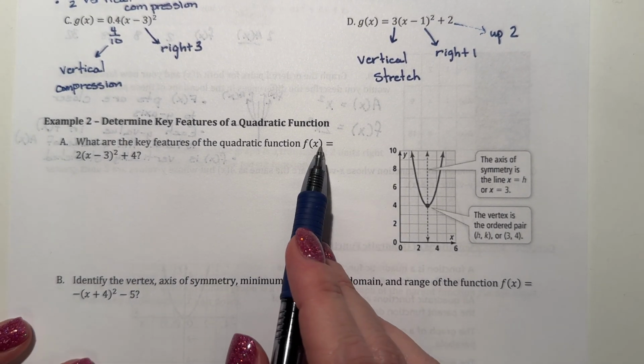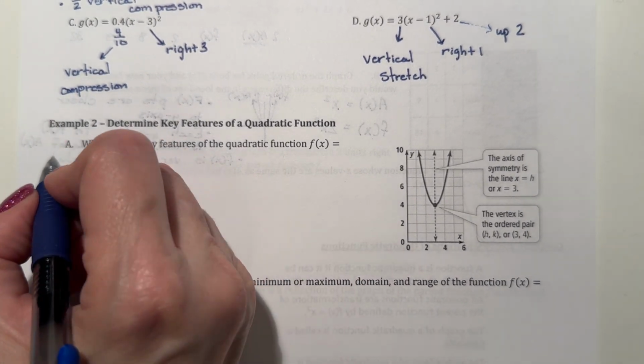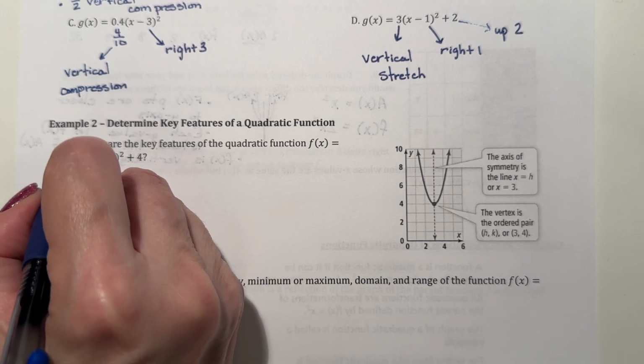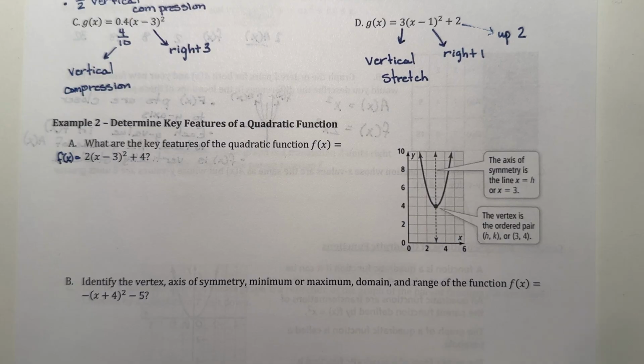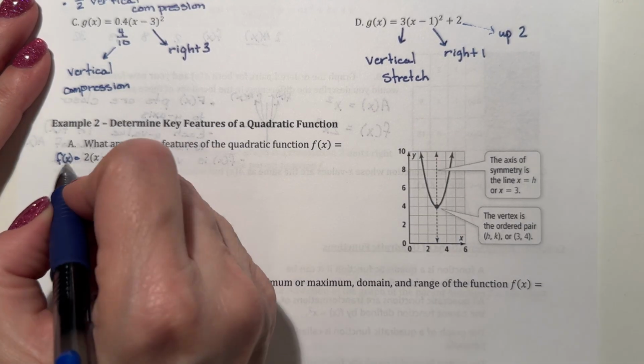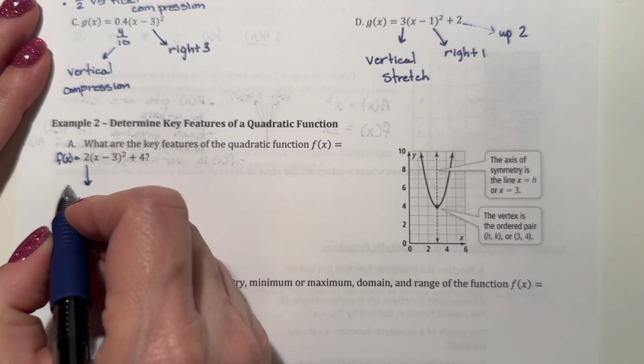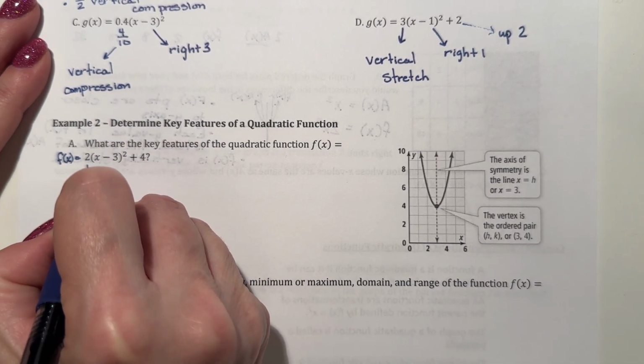So we have the function. It's a little weird the way it's written, so I'm just going to kind of shift that over here just to make it a little clearer. So there's my function. There is the equation of that function. So let's take a look at it and let's see if all this makes sense. So here's what I expect when I see this. This is a vertical stretch.